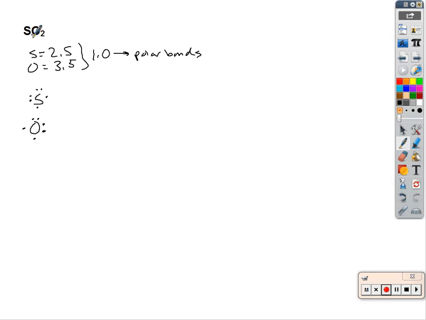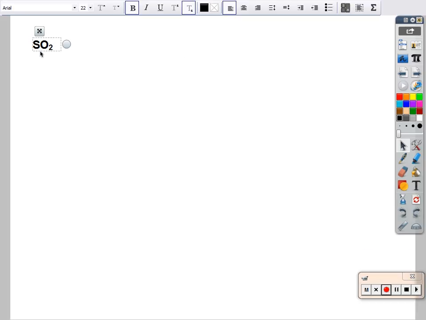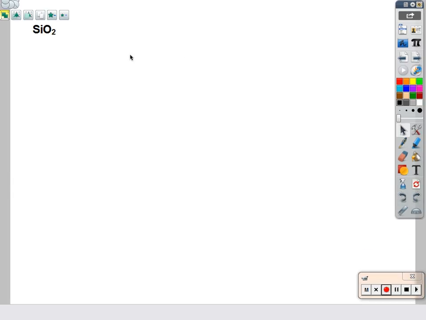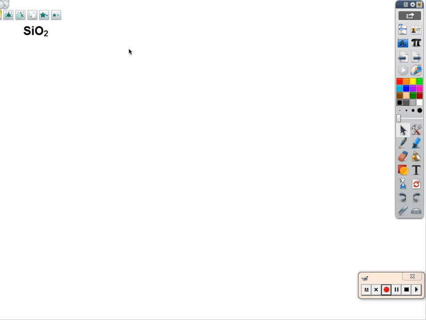This is probably a typo. Rather than start over, I'm just going to fix the typo. That was probably supposed to be silicon dioxide, not sulfur dioxide. Silicon is what that probably should have been. Silicon is something we can work with.